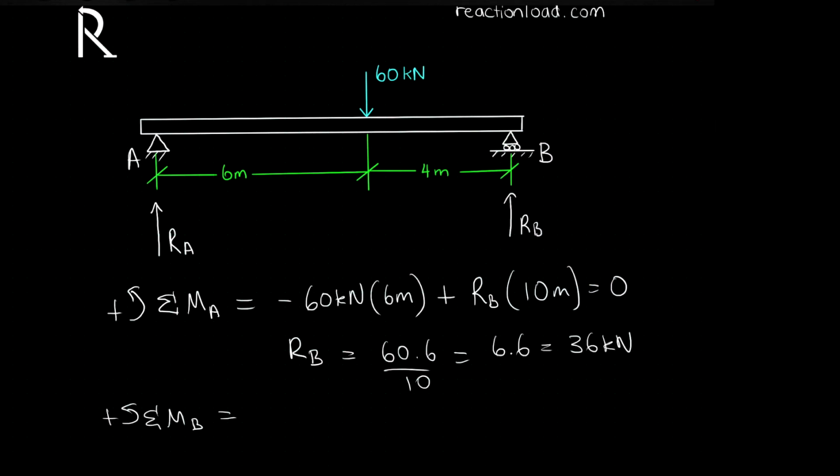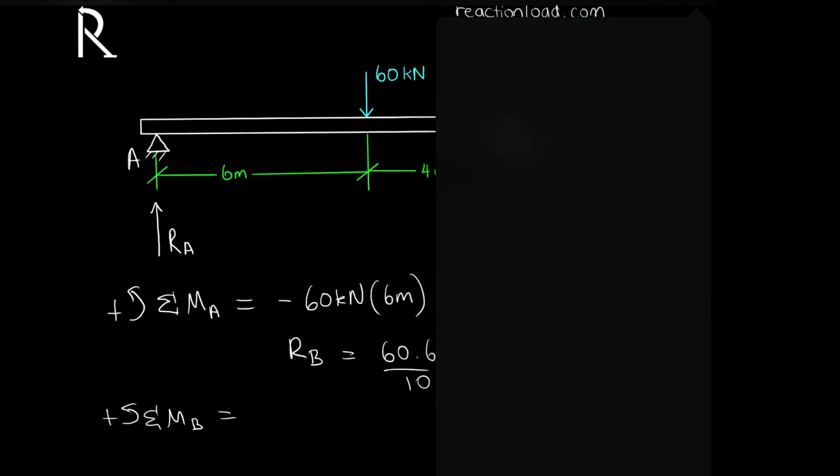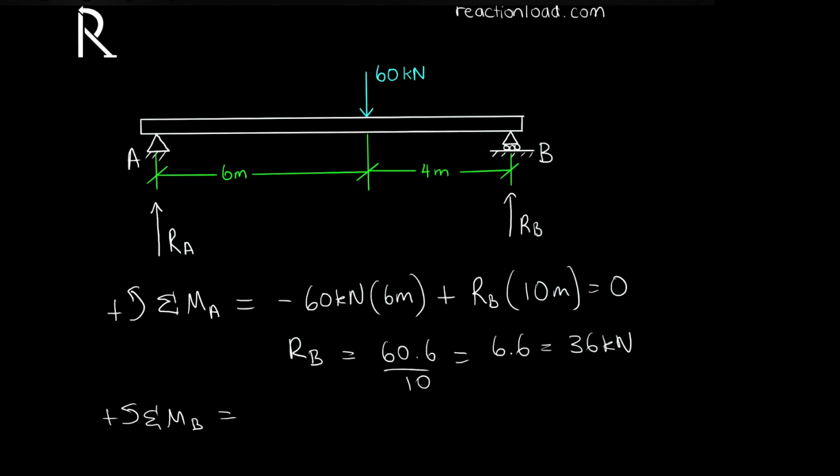This time round, the 60 kilonewtons applied about pivot point B is going to cause an anti-clockwise moment about pivot point B, so that will actually be positive. Last time it was negative, but now it is positive. So we've got plus 60 kilonewtons multiplied by the perpendicular distance from pivot point B to the action of the force, and that is 4 metres.